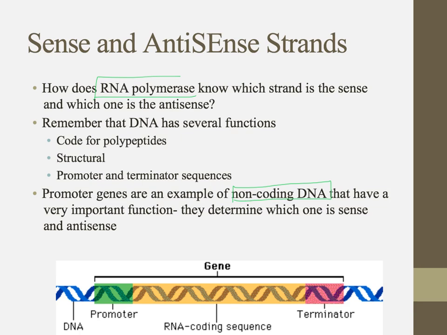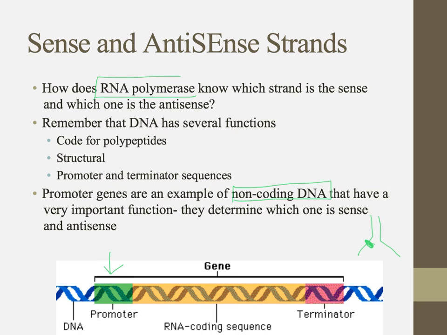The promoter genes are there to help RNA polymerase recognize which one is the sense and antisense strand. When those parent strands are separated, a promoter segment of DNA is going to help RNA polymerase identify which one is sense and antisense.